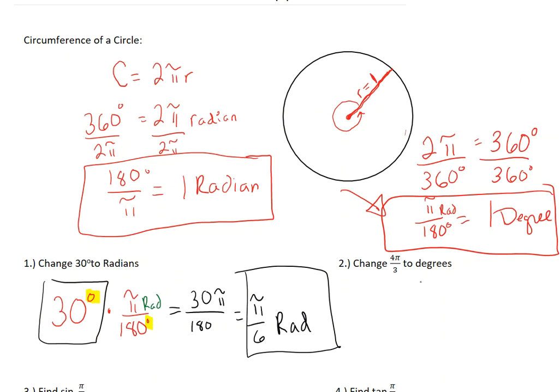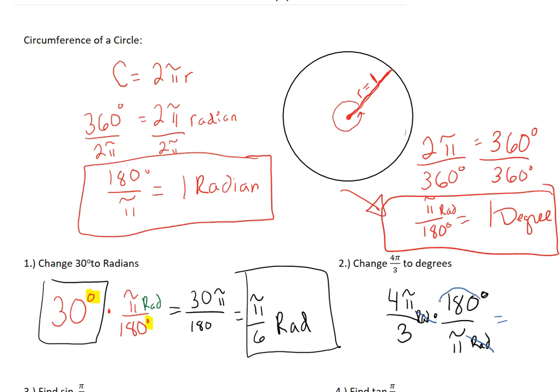Now, if I want to change 4 pi over 3 to degrees, I'll use the other conversion: 4 pi over 3 times 180 over pi. Again, this is because this is starting in radians, and you can see how those measurements cancel out and we'll be left with degrees.